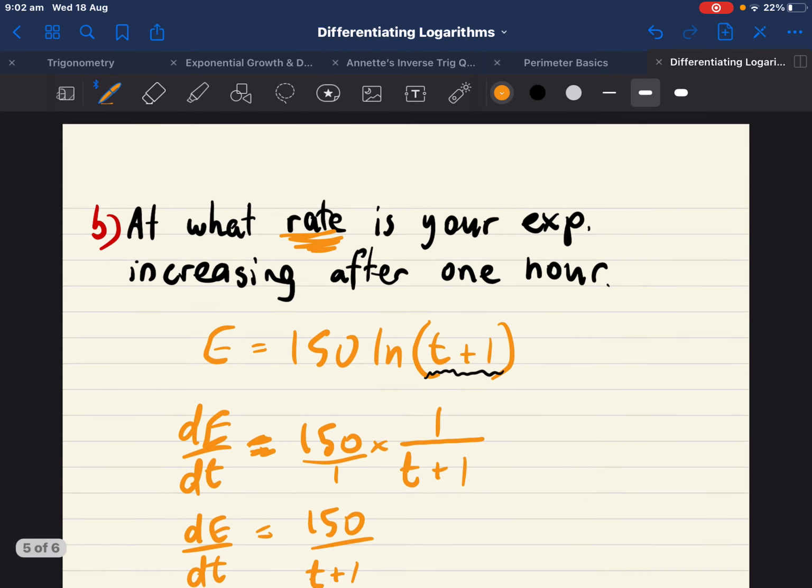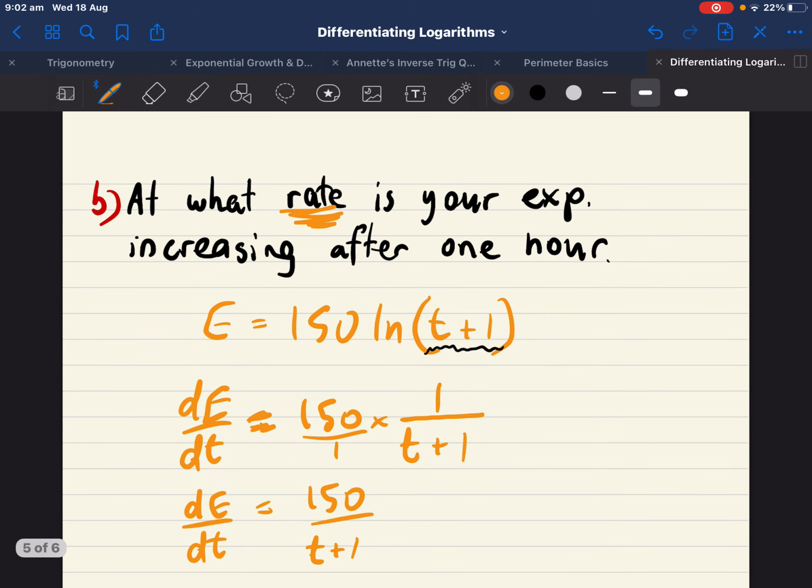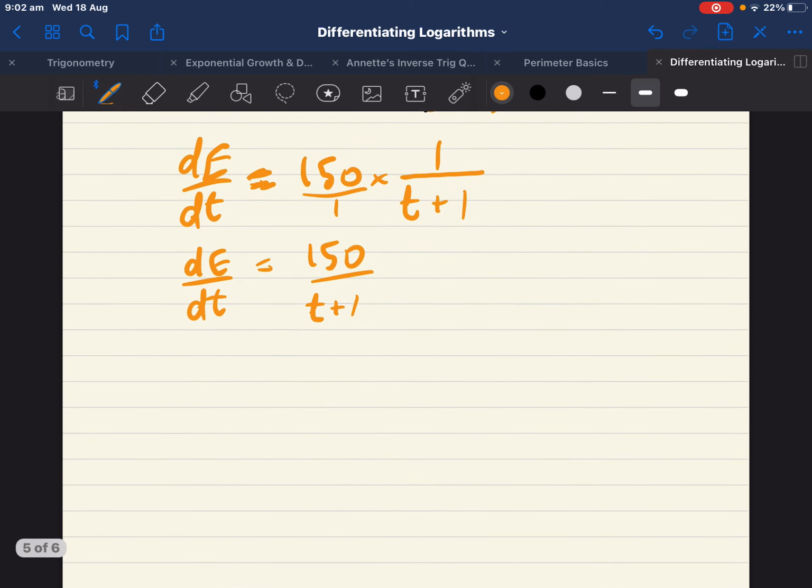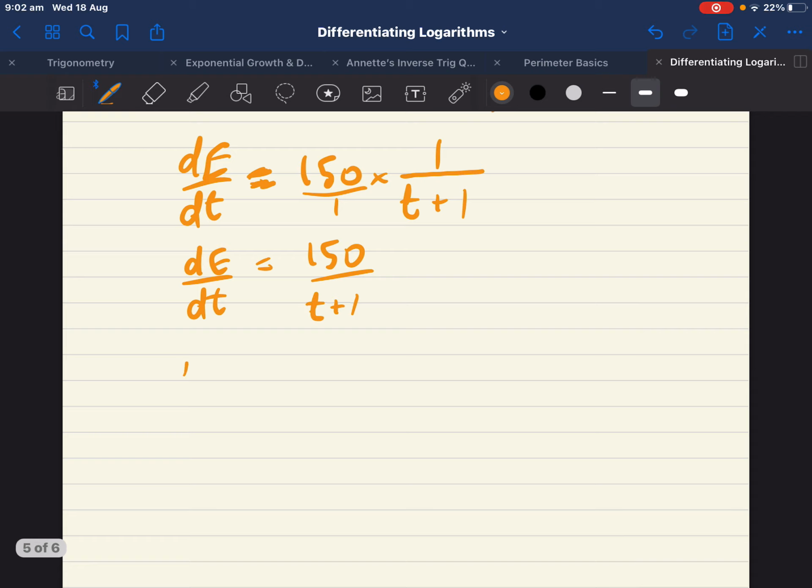And now going back to the question, we want to find at what rate this experience is increasing after 1 hour. So after 1 hour, we're going to let t equal 1. So our rate at which the experience is changing will just be 150 all over 1 plus 1.